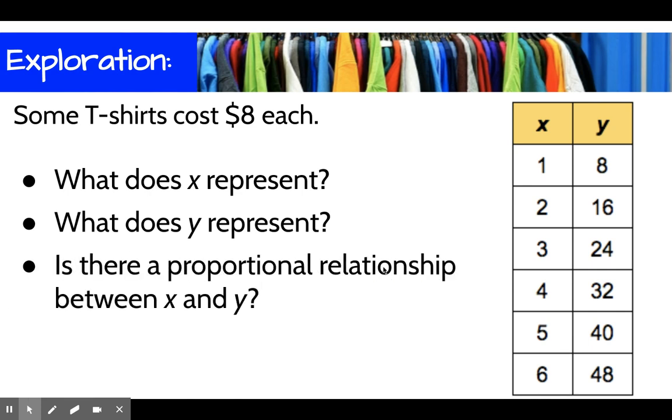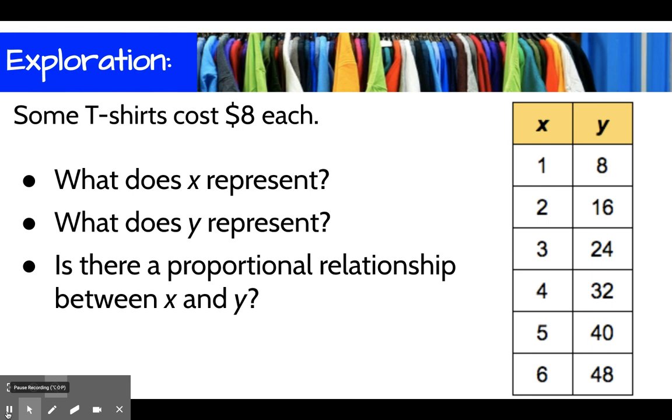And then we want to figure out, is there a proportional relationship between X and Y, and why. So I'm going to give you guys about 3 minutes of quiet work time to complete this portion of the student companion to answer those questions. What does X represent? What does Y represent? And then is there a proportional relationship between X and Y? Please make sure that you are typing this into your student companion, and then we'll come back and share.